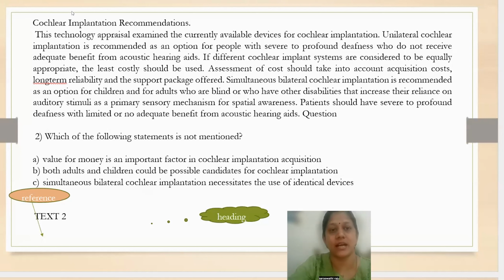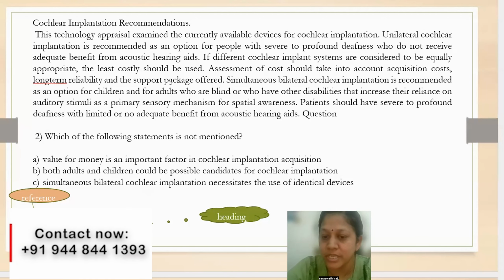This technology appraisal examines the currently available devices for cochlear implantation. Unilateral cochlear implantation is recommended as an option for people with severe to profound deafness who do not receive adequate benefit from acquiring hearing aids. If implant systems are considered to be used, they are mentioning the cost. Assessment of cost should take into account acquisition cost, long-term reliability, and the support package offered.